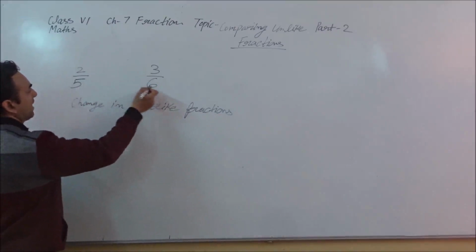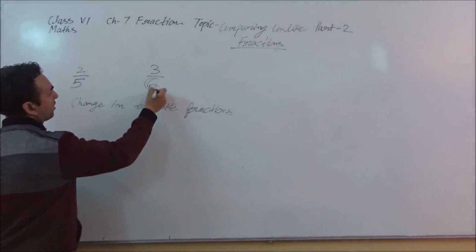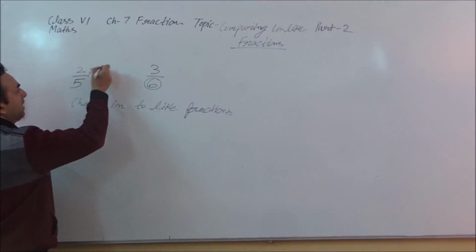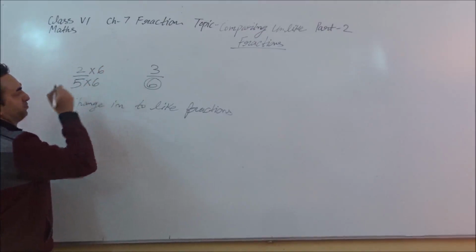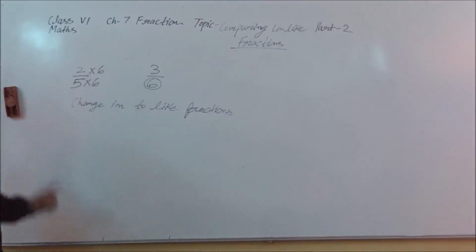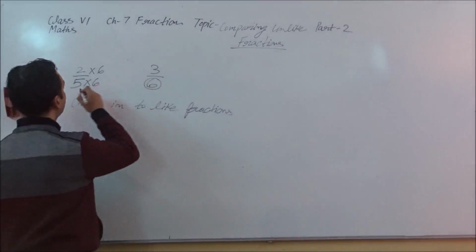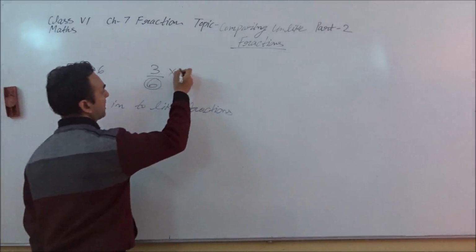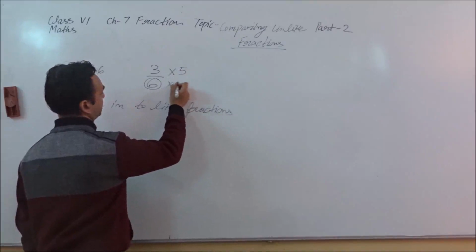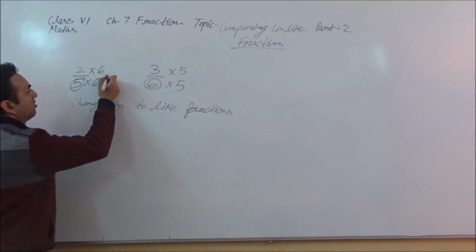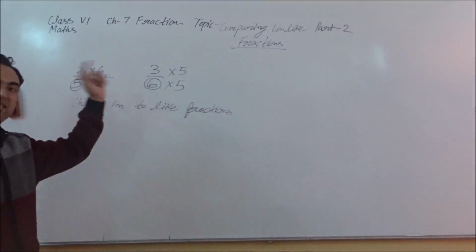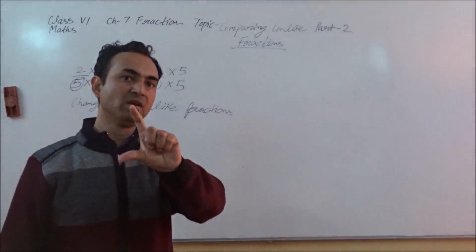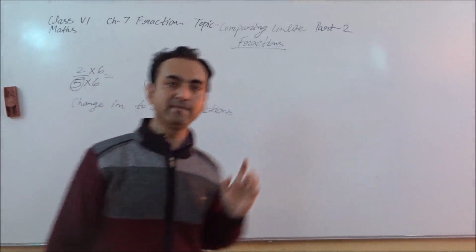We multiply the denominator of the second fraction into the first fraction, both numerator and denominator. And we multiply the denominator of the first fraction into the second fraction. Multiply each fraction with the denominator of the other.